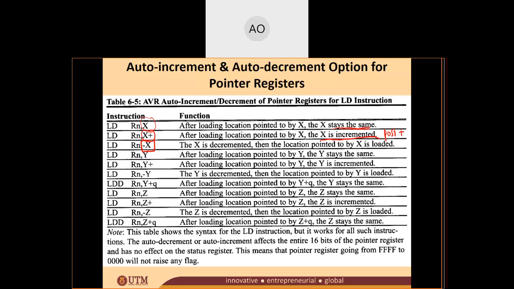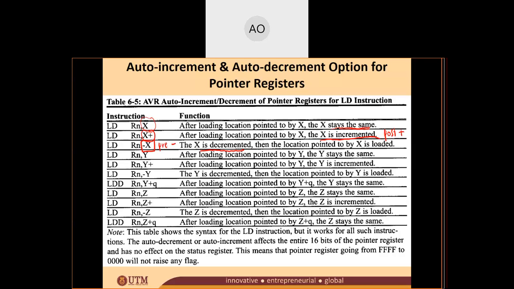Your pointer register address is decremented, then the location pointed to by X is loaded. So that's why we call it a pre-decrement. Kamu tolak dulu dia punya address, and then after that barulah you load the data from that address.